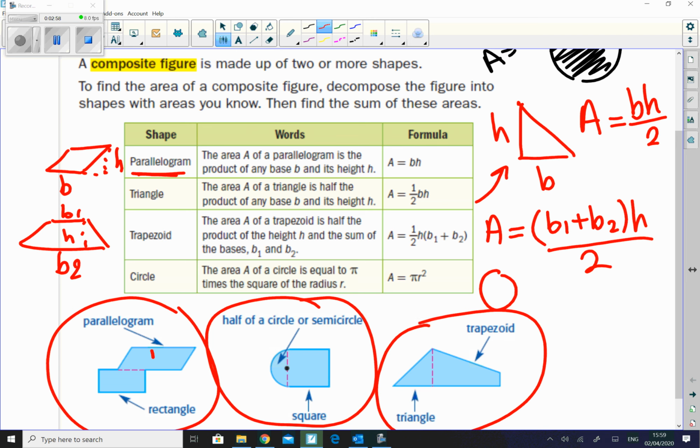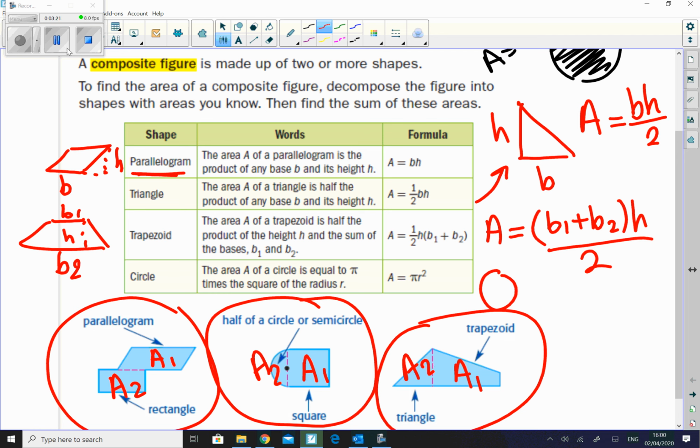I will find area 1, and I will find area 2, and add them at the end. The same here. Area 1 is a square. Area 2 is half of a circle, and then I add them. The trapezoid here, this one is a trapezoid, area 1, and the triangle is area 2, and then you add them. That's the idea of the lesson, how to find the area of composite figures.